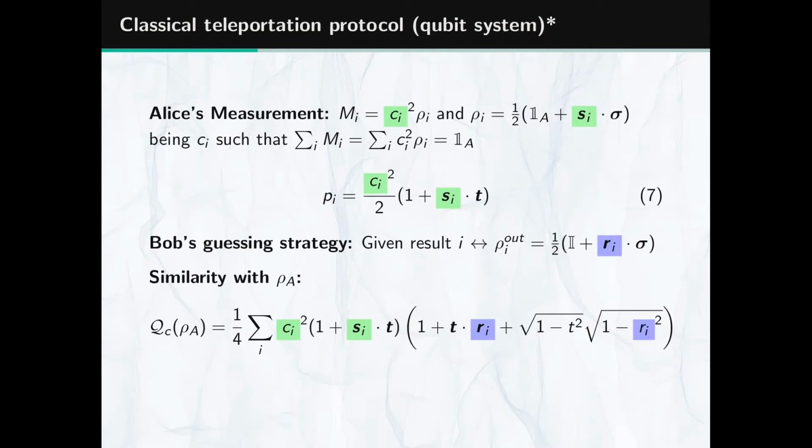Bob's guessing strategy is given by Ri, these vectors. Then if we want to know the best fidelity for this protocol, we should optimize the average fidelity over these parameters, the measurement and the guessing strategy.